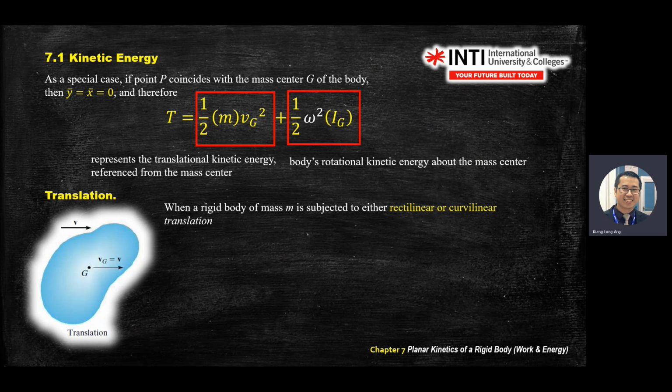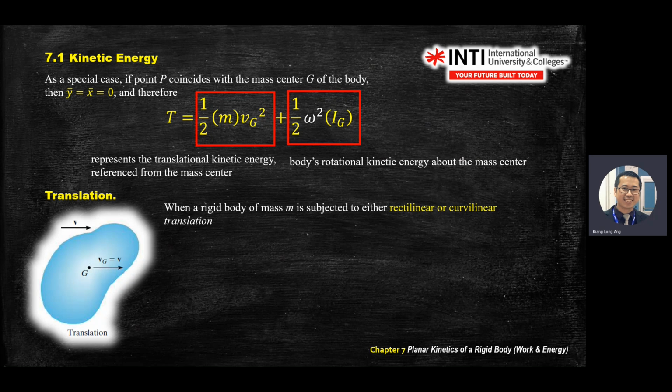Angular velocity. What do you mean by angular velocity? What happens to the body if you have omega? It rotates, right? So if you have a body that moves in a straight line, what happens to the omega? 0. So you can cancel this one out if the object moves in a straight line.